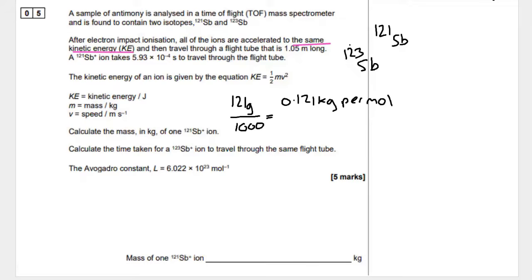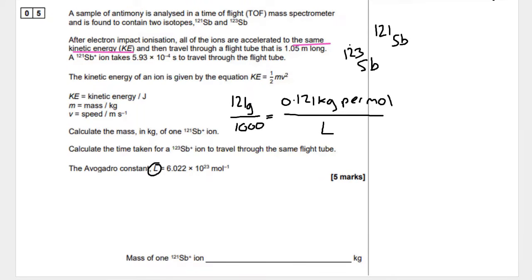So we then need to divide that by Avogadro's constant to find out exactly the mass. So I'm going to divide by L, bearing in mind that L is 6.022 times 10 to the 23. So let's find out what that is. 0.121 divided by 6.022 times 10 to the 23.